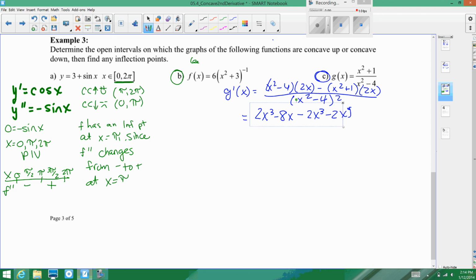And keep in mind this is all over, just trying to save some space here, x squared minus 4 quantity squared. All right, so simplifying the numerator, we get negative 10x over x squared minus 4 quantity squared. So this is our first derivative.